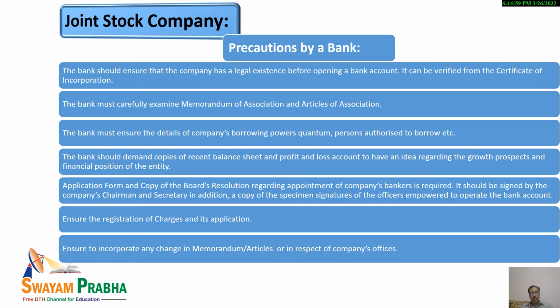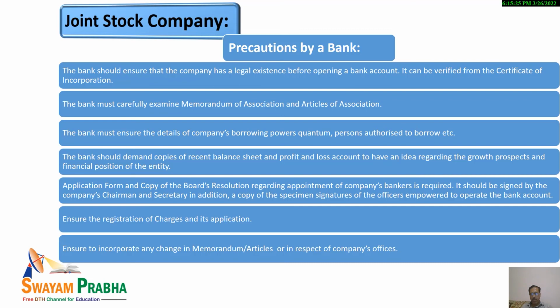The bank should also go through the latest balance sheet and P&L account, P&L meaning profit and loss account, of the company, in order to get an idea regarding financial performance, future prospects, and financial position of the company.